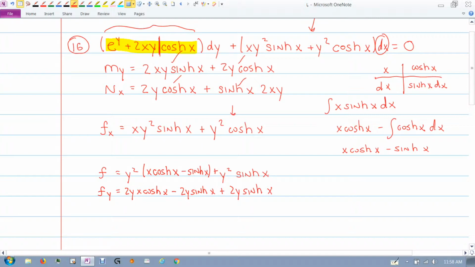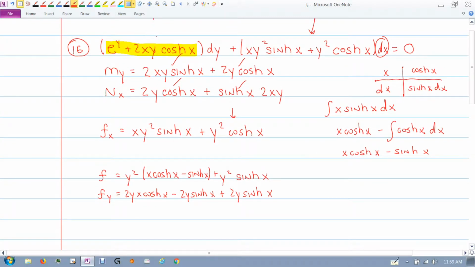All right. So now, hold on a second. Okay. All right, so now when we look up here, let me look at that yellow up here. I have the 2xy cosine hyperbolic x. I have that, so that's gone. And then these two cancel, which is nice. So the only thing I'm missing is this.